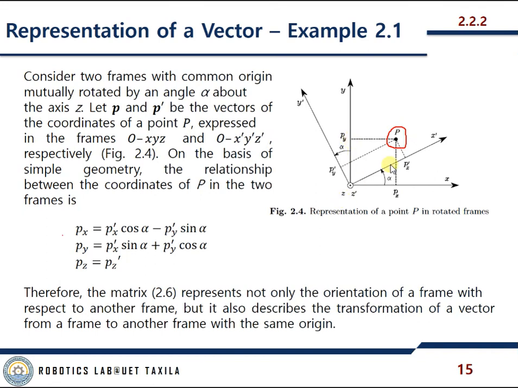Pz bar and Pz are the same because it's being rotated about the z-axis, which points out of the paper. Therefore, the matrix 2.6 represents not only the orientation of a frame with respect to another frame, but it also describes the transformation of a vector from one frame to another frame with the same origin. Interesting thing to know.